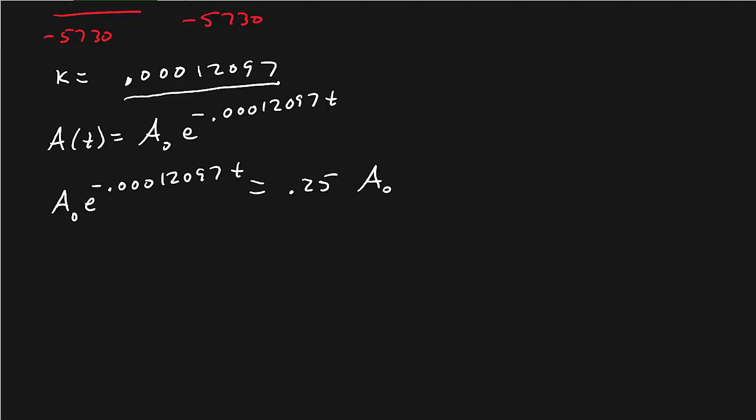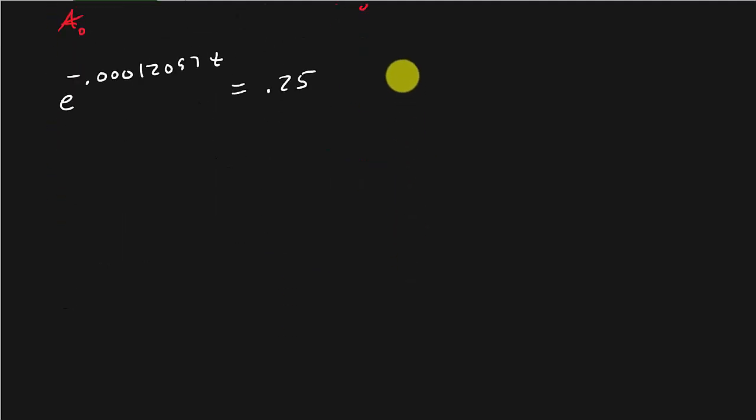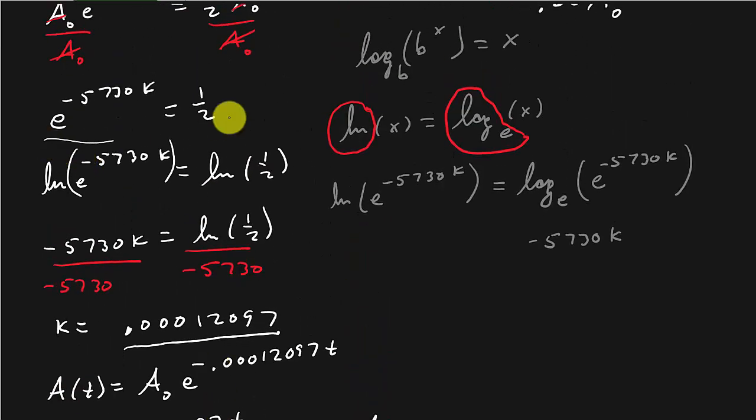So we're going to divide both sides by A naught, and the A naughts cancel. We're left with e to the negative 0.000120097 t is equal to 0.25. Now we're going to solve this just like we did for k up here.